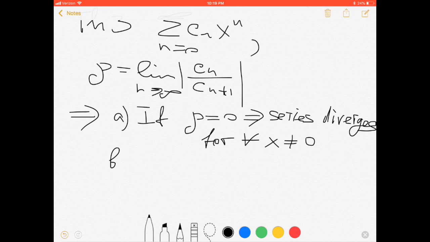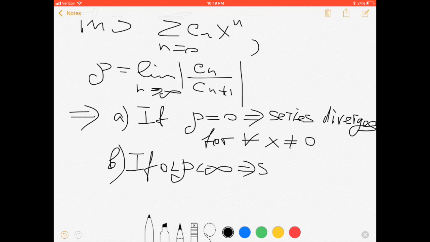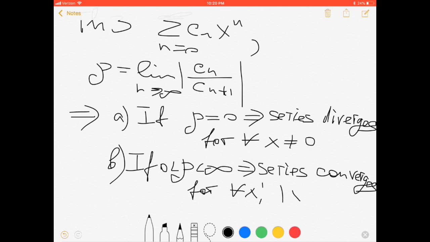B, if rho is some number greater than 0 and less than infinity, some finite number, then the series converges for any x such that the absolute value of x is less than rho.